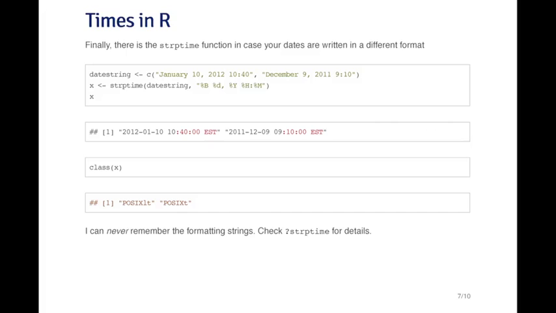And so that's the format of the times here. And you can see that after I call strptime and I print out x, I get these time objects that are printed out in the standard format. When I look at the class of this object, you'll see it's in a POSIXlt format, so that's the kind of underlying list format here.